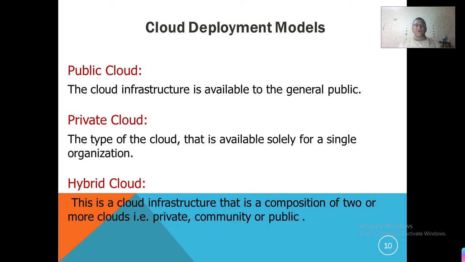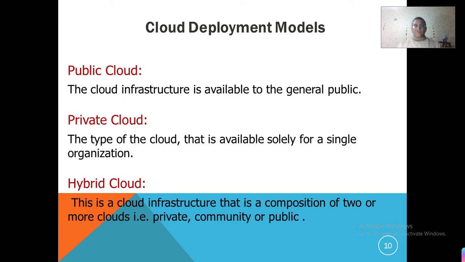It does not allow sharing the resources with other parties, so it is a single tenant model. Hybrid cloud, as the name suggests, is a combination of public and private. Generally most companies go for hybrid because both deployment models have their own advantages, so they want to take advantage of both and utilize them in their own business.